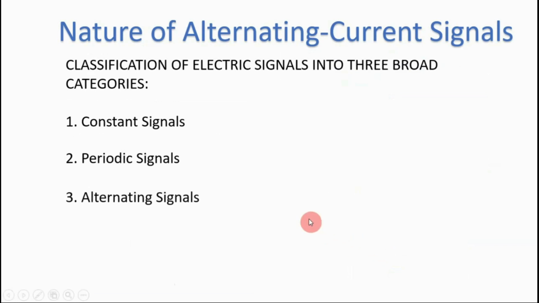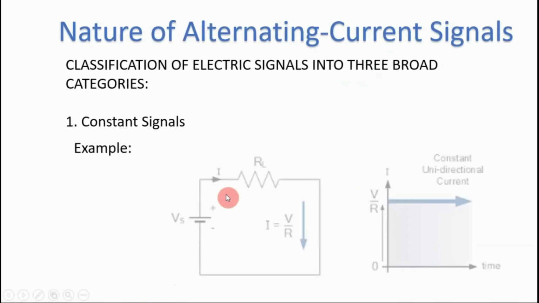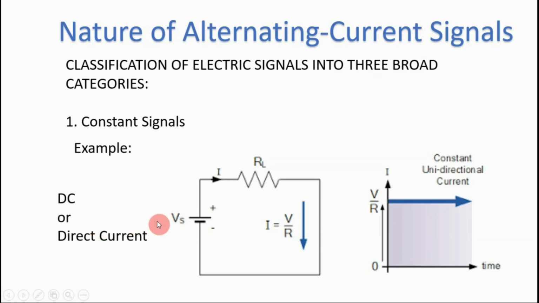And the electric signals are categorized into three. We have the constant signals, periodic, and the alternating signals. For the constant signals, a typical example is the direct current.